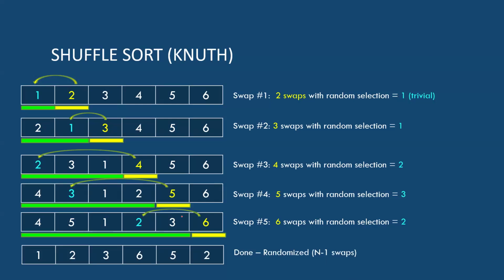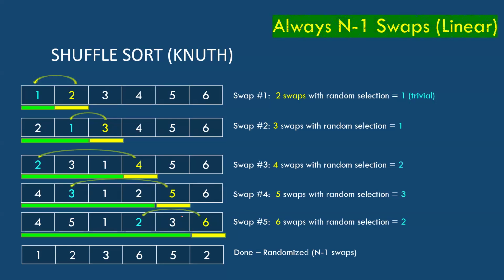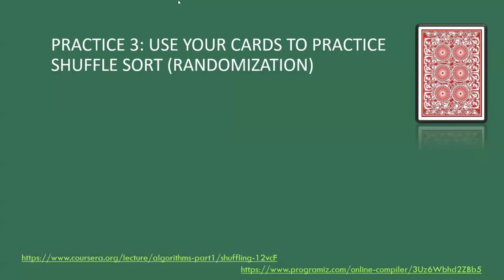Okay. So that's known as a shuffle sort or the Knuth sort, since that gentleman kind of invented it. And it's linear. n-1 is considered linear. It's proportional to n. Okay, so it's close enough. So once again, I'll let you guys kind of do this on your own.